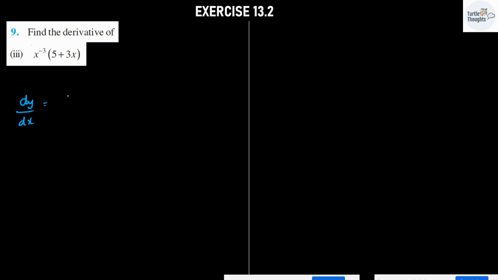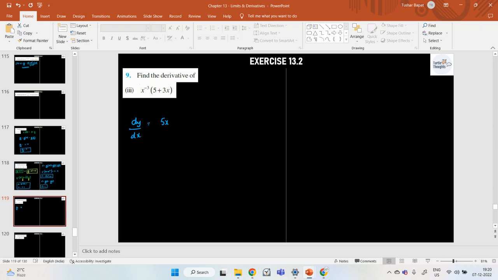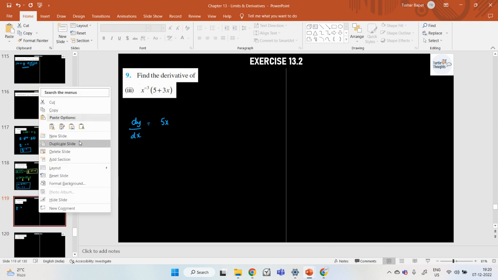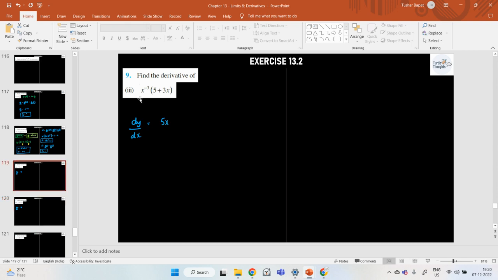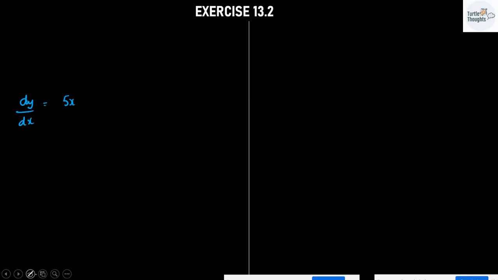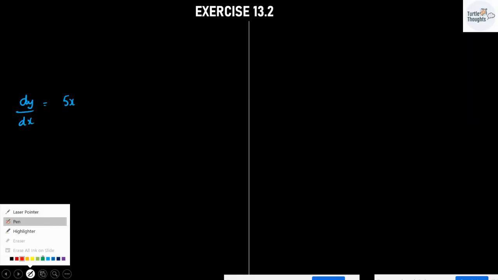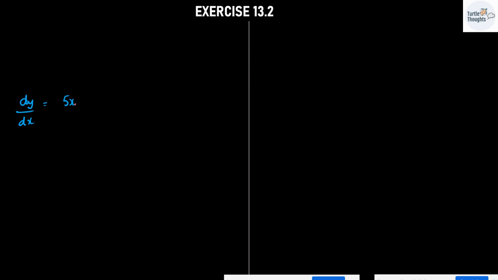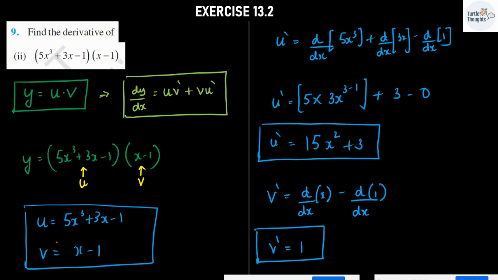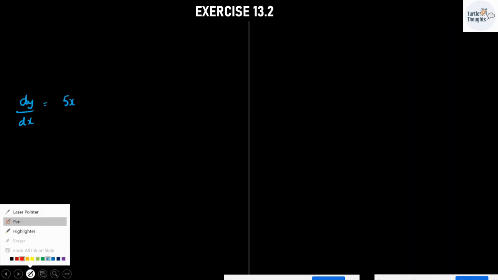Let me take this to the next slide so it is not repeated. dy by dx can be written as u multiplied by v dash.